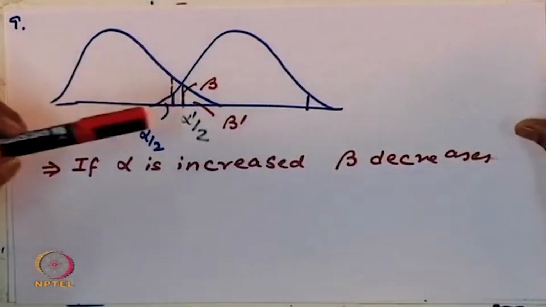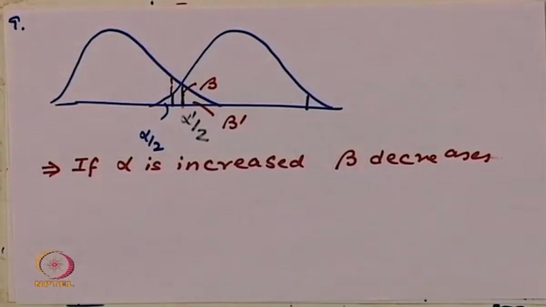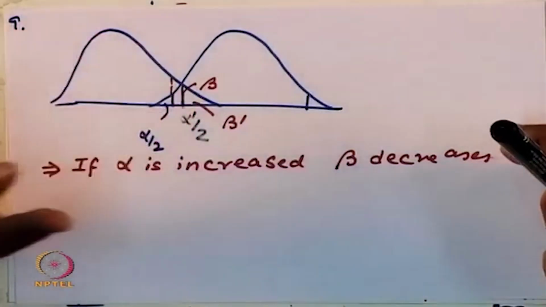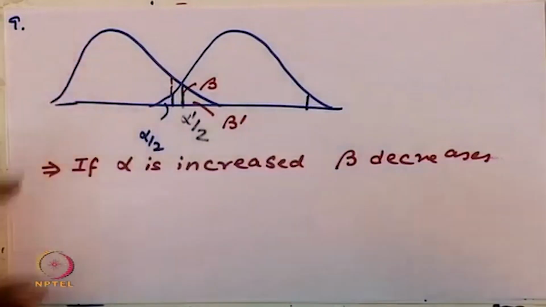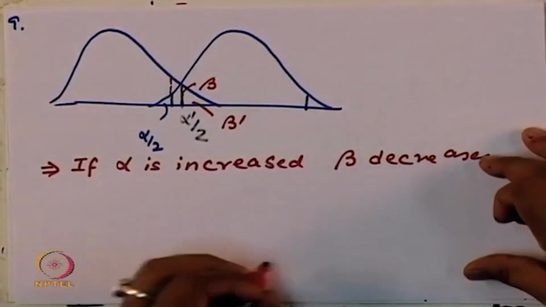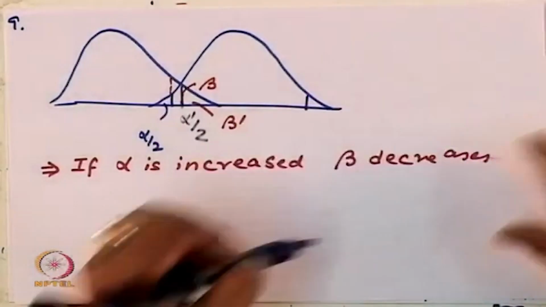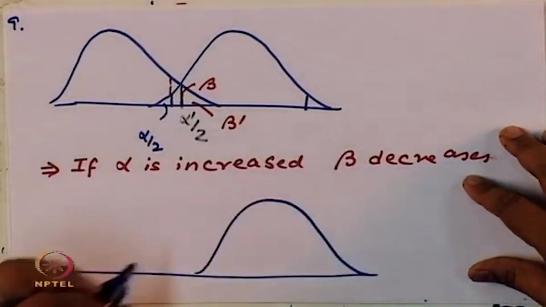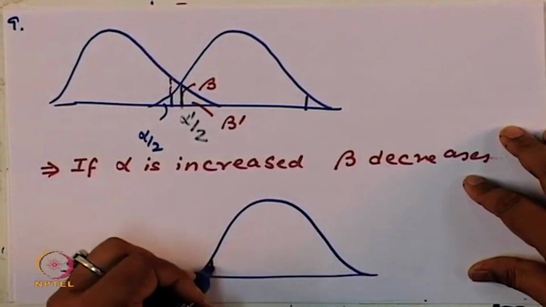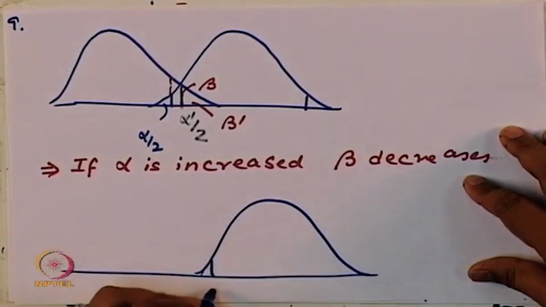But if you want to keep your alpha constant, what should be the strategy for decreasing beta? Right, you want to decrease both alpha and beta. So, if this is my curve for alpha, imagine I want to keep alpha fixed. Alpha is constant.